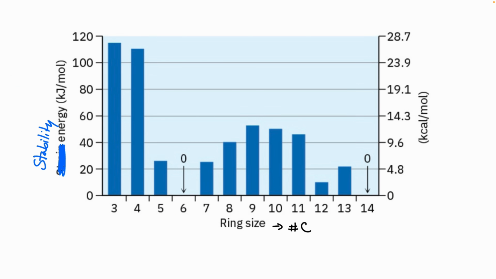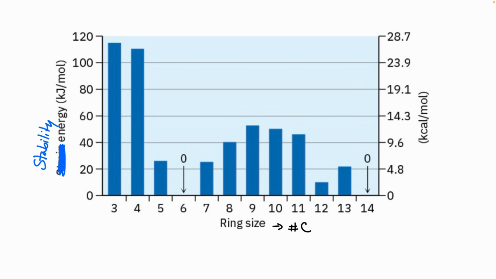So first of all, convince yourself you can't have a 1 or 2 carbon ring, right? That's not going to work out. So the smallest ring that we can have is 3 carbons, a cyclopropane, and those are very, very unstable, very high energy. Remember, high energy is bad. If we make 4 carbons, a little bit more stable, but not much, still very unstable.